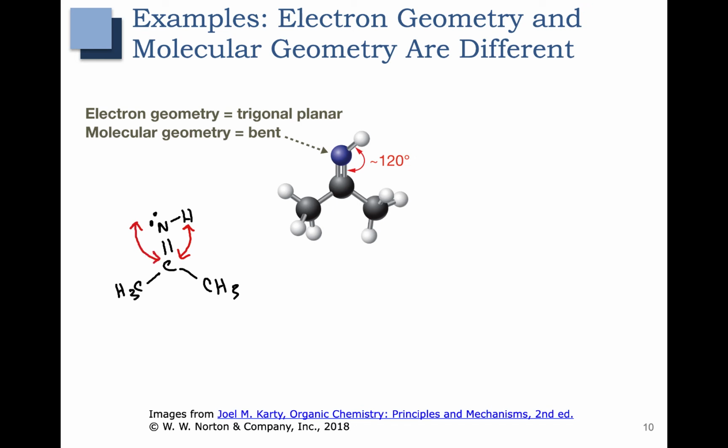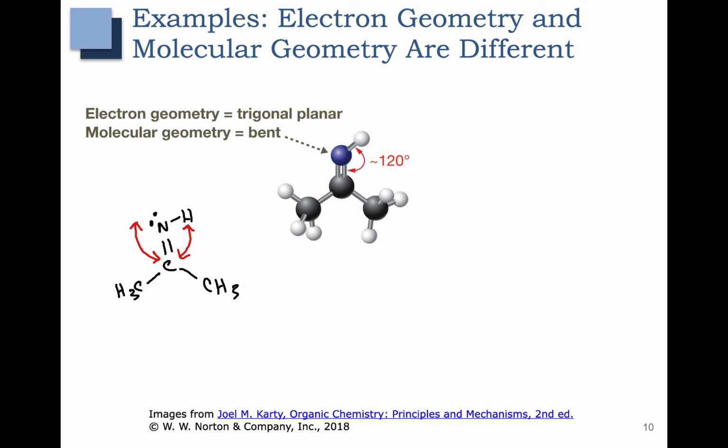In electron geometry, we count that lone pair, single bond, double bond, which gives us 3 groups or a trigonal planar geometry. However, if we're looking at the angle between the atoms, the hydrogen, nitrogen, and the carbon, the molecular geometry is in fact bent. So just keep in mind that when you're trying to visualize what's going on with the atoms, it's bent, but if you're trying to figure out where the lone pair fits into all of this, then you would consider it to be trigonal planar.